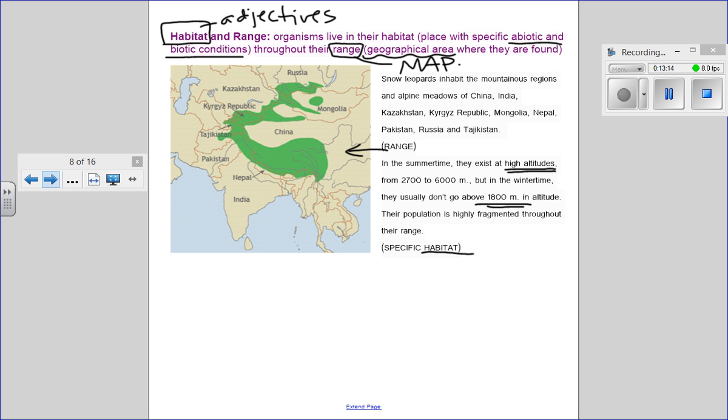I described here some sort of abiotic condition: altitude. So I'm describing with adjectives what the place that they live in is like, not where it is on a map. And that's the difference.